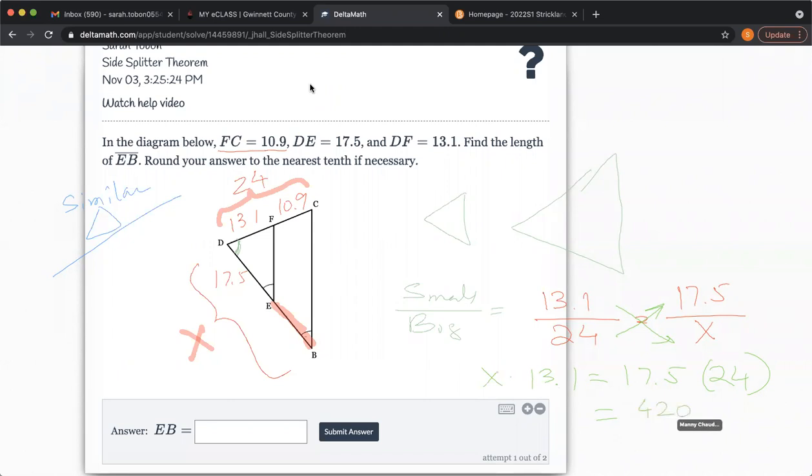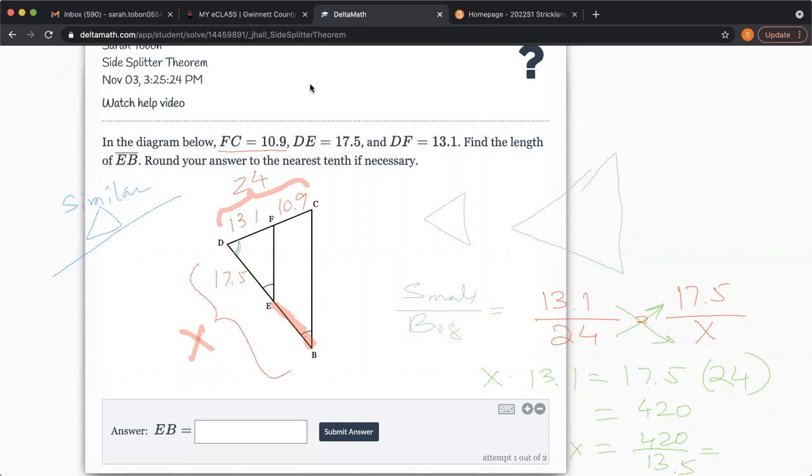Then you should divide it by 13.5. X must be 420 divided by 13.5, which turns out to be 31.11. Hang on a second, if there's any mistake here. Okay. 13.1, 10.9, 24, 17.5.